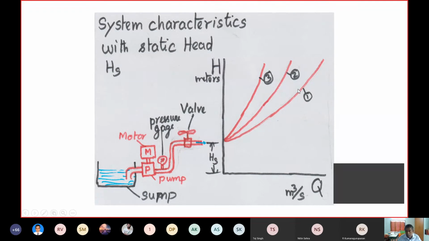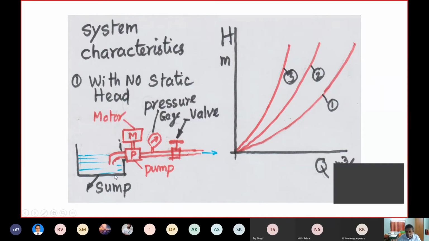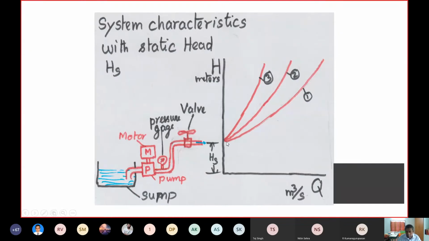Again, for 3 different valve positions, you will get 3 system characteristics. These are system characteristics with static head. The difference you can see from the previous one: there the system characteristics start with 0 head, but in this, the system characteristic starts with a finite initial head Hs.